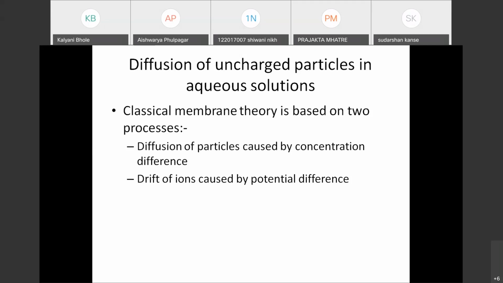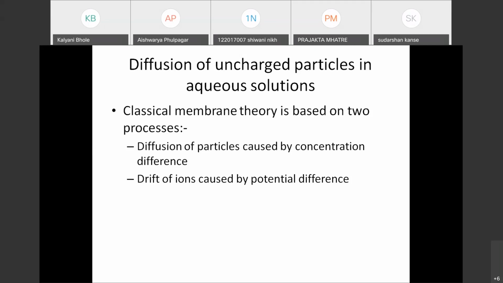Another concept used is drift of ions caused by potential difference. There is a drift of ions if a potential difference is applied across the two sides.